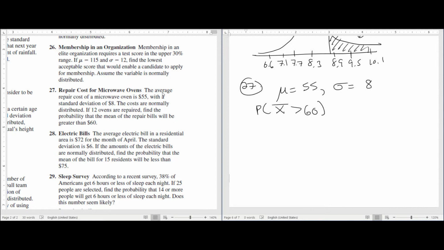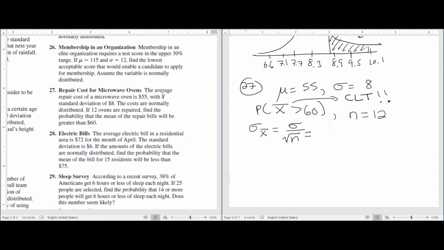So this is not an x problem. This is an x bar. Since it is an x bar, that means we're using the central limit theorem. Since we're using the central limit theorem, we need to know the sample size. The sample size is 12 ovens. And we need to know the sigma x bar. The sigma x bar, the standard error, is sigma over square root of n.